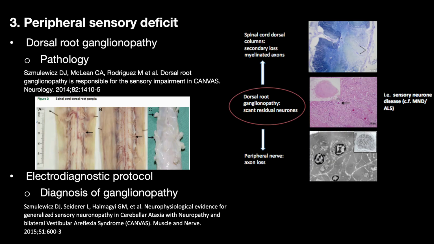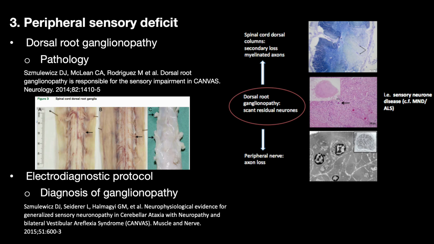As regards the peripheral sensory deficit, the underlying pathology here is a dorsal root ganglionopathy, and if we look at the panel on the left, the arrows point to normal dorsal root ganglia, whilst in panel B the roots are somewhat atrophic, fine and hair-like, and this represents the atrophy.